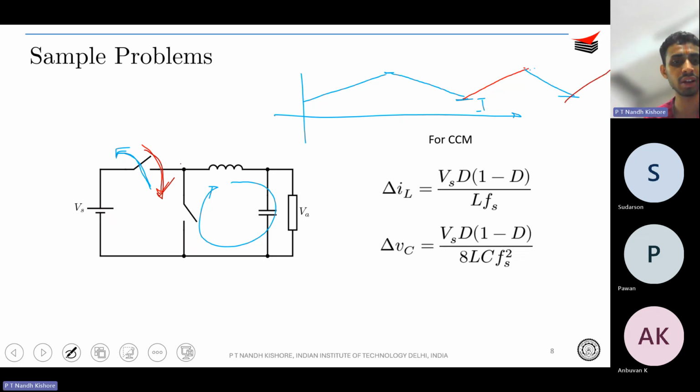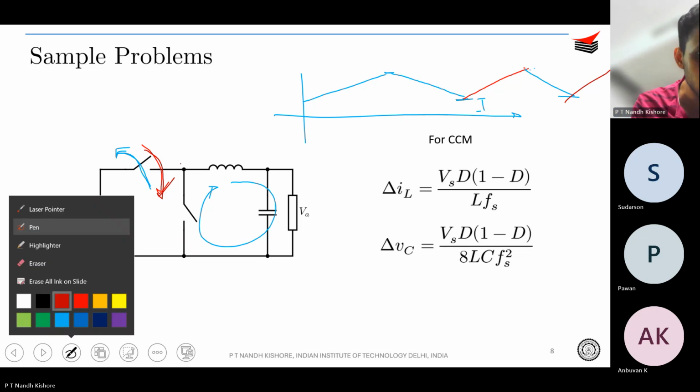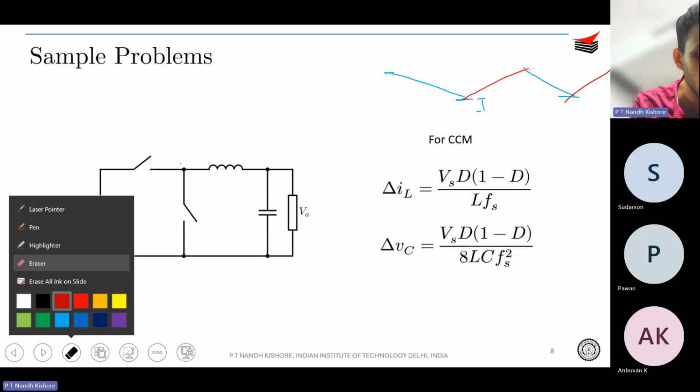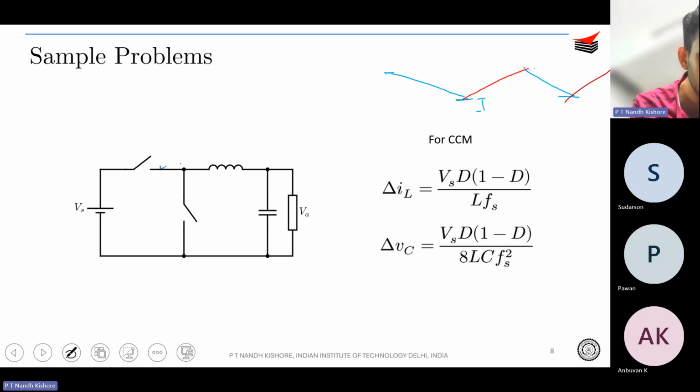It's like a comparator. If you see the actual circuit, they will sense the inductor current and then have a comparator over here, plus minus.